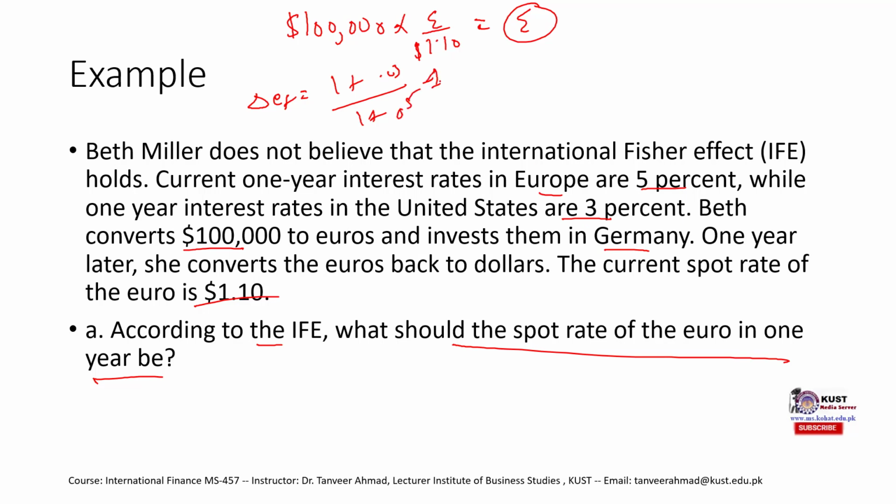So we get an answer, and what we would do is find the spot rate, which would be equal to 1.10 into 1 plus whatever answer we get from this formula. So according to the Fisher effect, what should be the spot rate? The answer we get from this equation would be the spot rate, as we solved in the previous example.